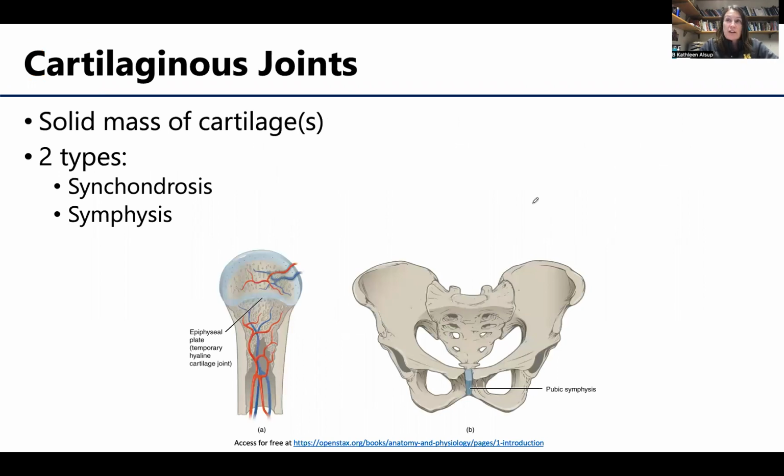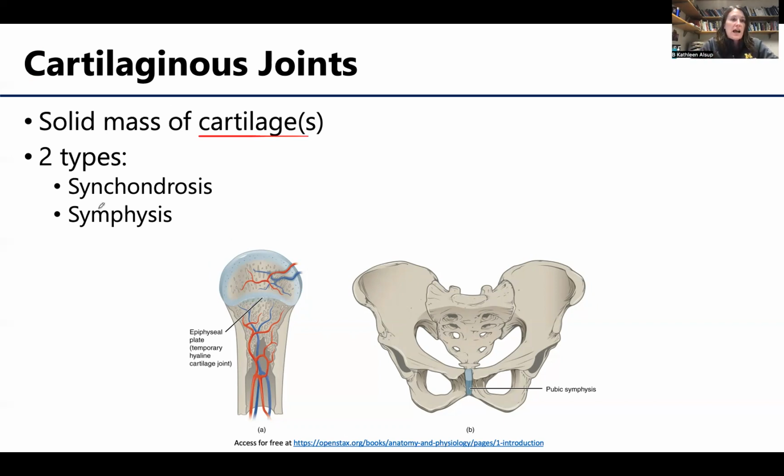Similar to the fibrous joints, the bones in a cartilaginous joint are being joined by a solid sheet of connective tissue. The specific type of connective tissue that's going to be forming these cartilaginous joints is, as you might imagine, cartilage. It could be differing types of cartilage, but it is always going to be cartilage.